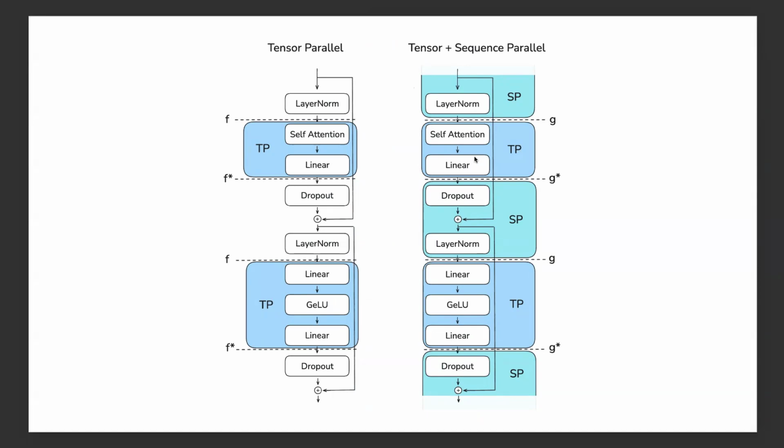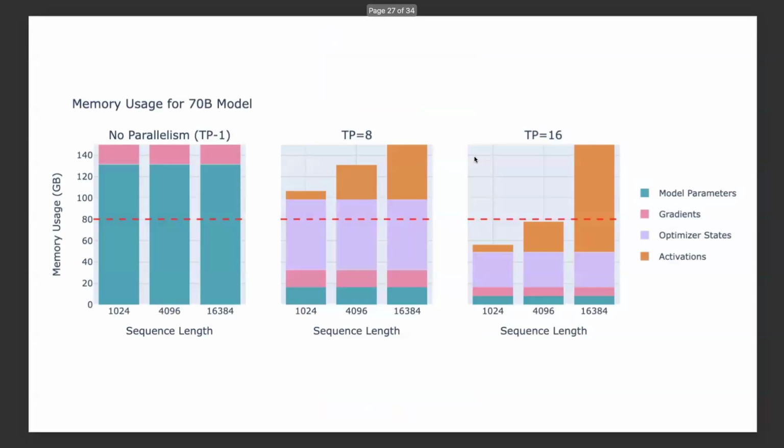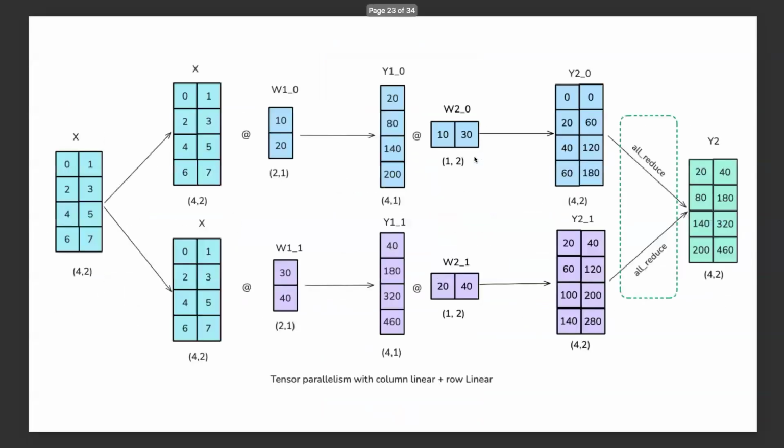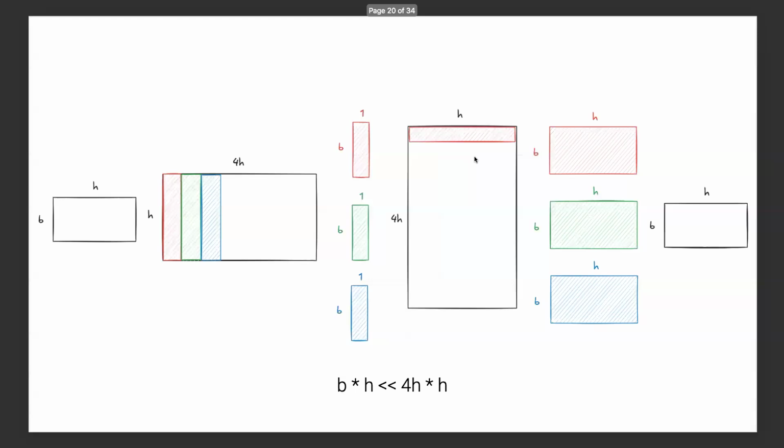I guess I'd like to understand better the benefit of row-wise splitting. Column-wise, I see, right? We kind of duplicate the input.